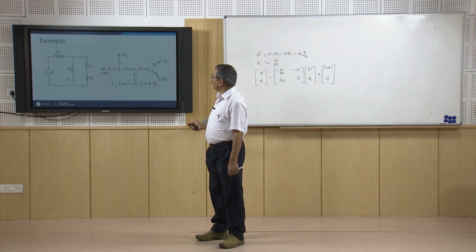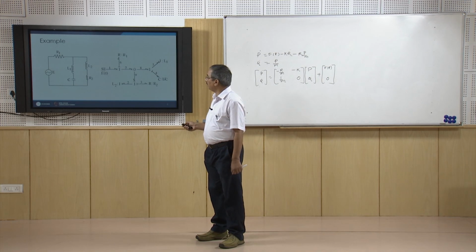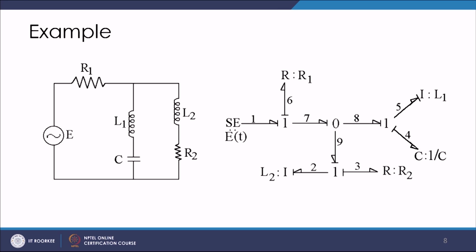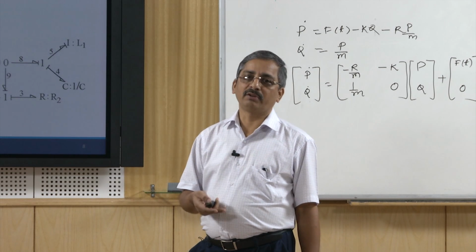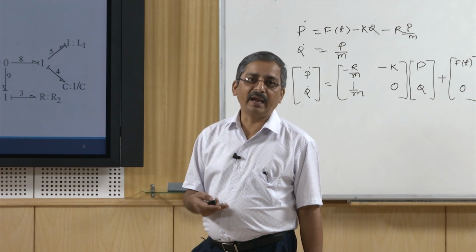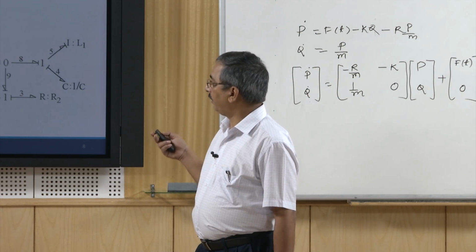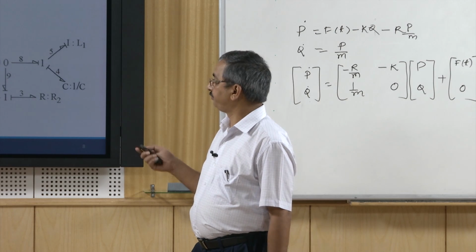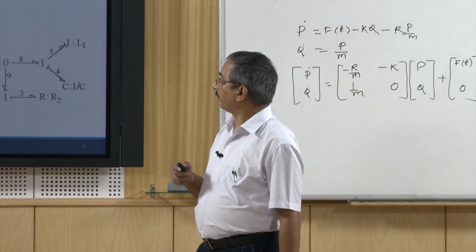Now, the thing is that first we need to draw the bond graph model for this circuit, and then we need to causal it, and after causaling, using those two logics which I have just told you, we need to derive the system equations. Okay, and that is going to be the aim of this topic.